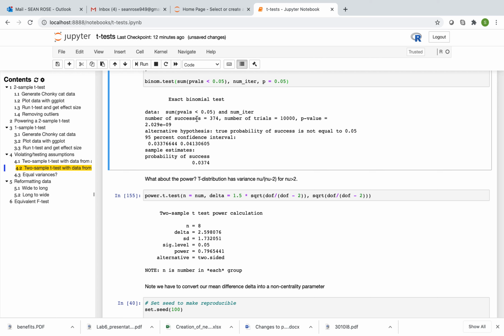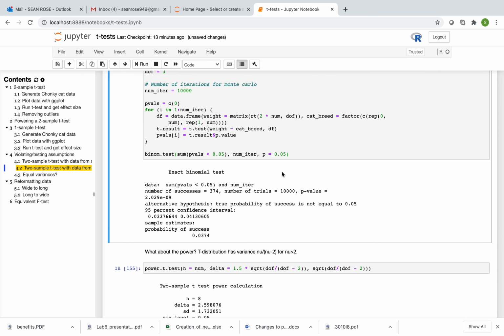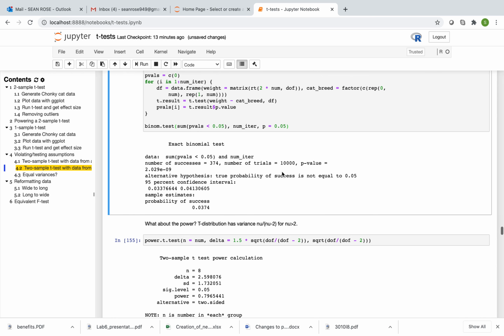So we have 374 type 1 errors out of 10,000 trials. So our probability of a type 1 error was only 3.74% in this case, with a 95% confidence interval of about 3.4% to about 4.1%. So what we actually have here is a test that was overly conservative.